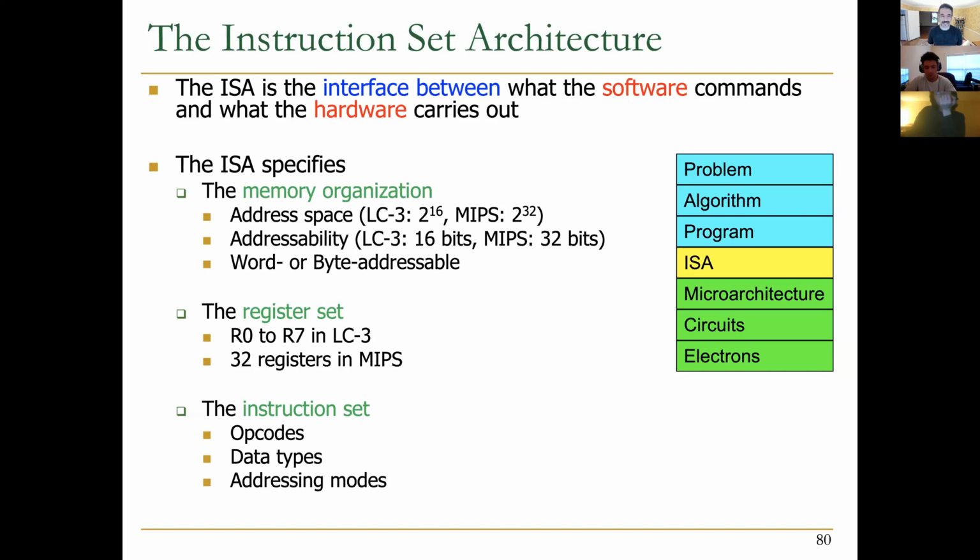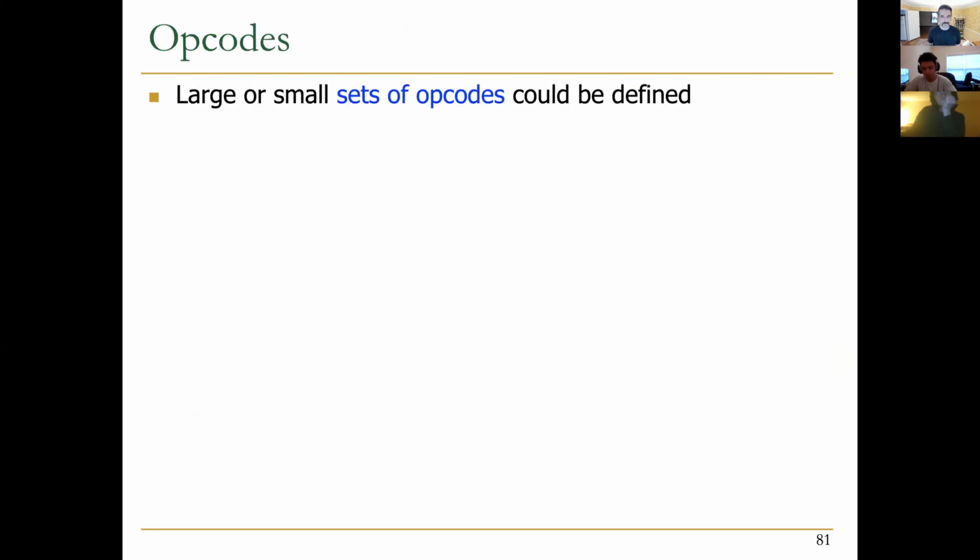More clearly, the ISA specifies the memory organization, register set, and instruction set. So let's go into detail of each of these parts. We already discussed each of these, but we now make it more concrete in some other way.